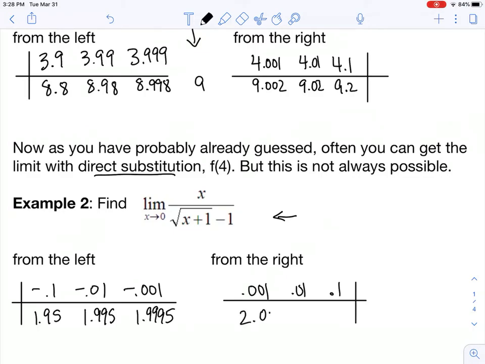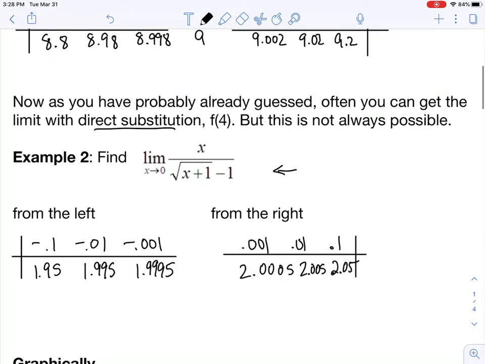And then, of course, over here we get 2.0005, 2.005, and 2.05. All right, so we can probably guess now that the limit as x approaches 0 of our function is going to be 2.